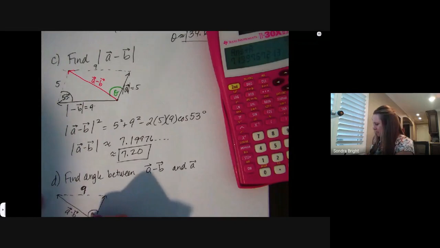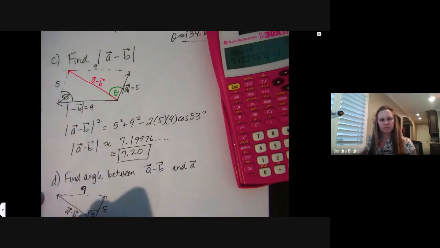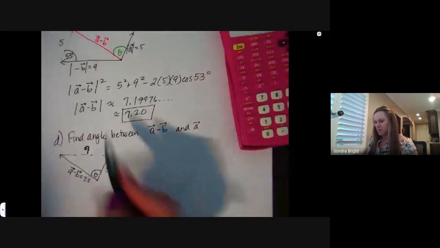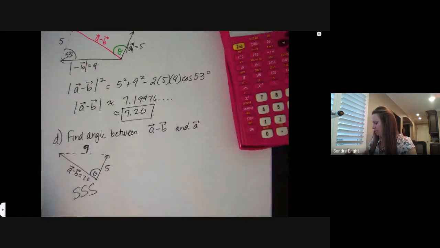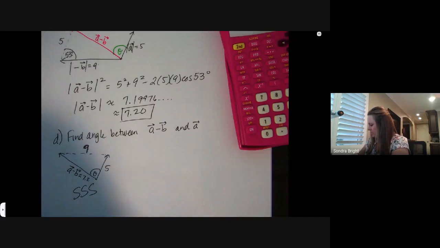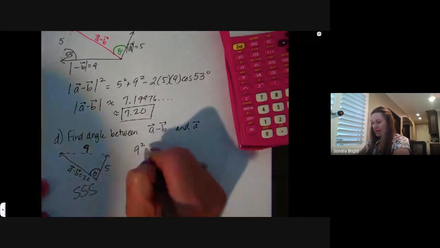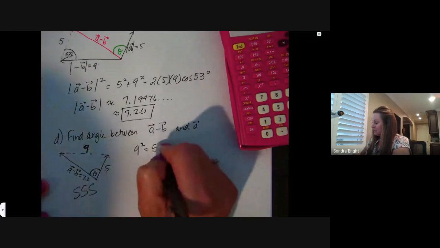And this was about 7.2. So now I've got SOH CAH TOA again. Yeah. And so I'm going to use law of cosines. And I'm looking for theta. So I'm using 9 over here. So it's 9 squared equals 5 squared plus 7.2.